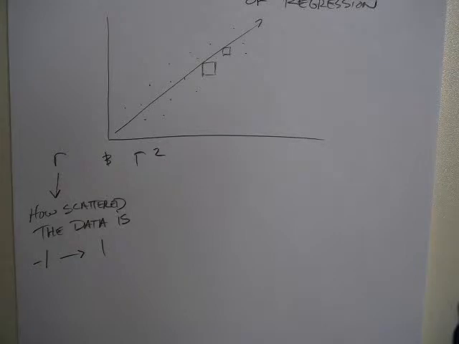Where -1 is a line that's trending downward, and the points pretty much all fall on the line. A +1 would be it's trending upward. It doesn't reflect the actual slope, it's just that it's going up, and the points would be very close to the line. Anything between that is some amount of scatter. A 0 would be no correlation at all. The data is scattered all over, and there's just nothing there for us.